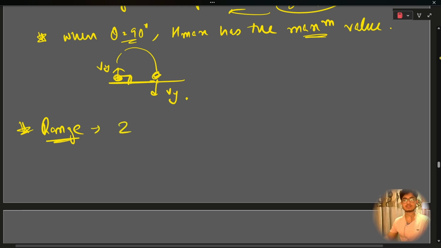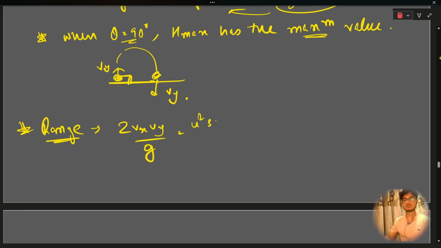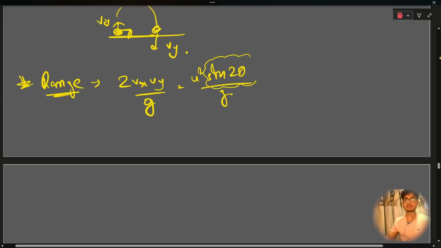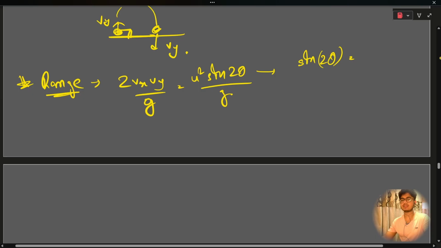Range. Range is U square sin 2 theta by g. Again, this is sin in the numerator, but it is sin 2 theta. So for the maximum value, whether it be sin theta or sin 2 theta, it will be 1, because more than 1 is numerically impossible. So the total angle has to be 90, that is sin 90 equal to 1.